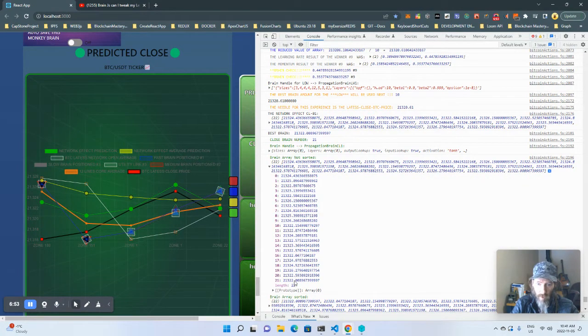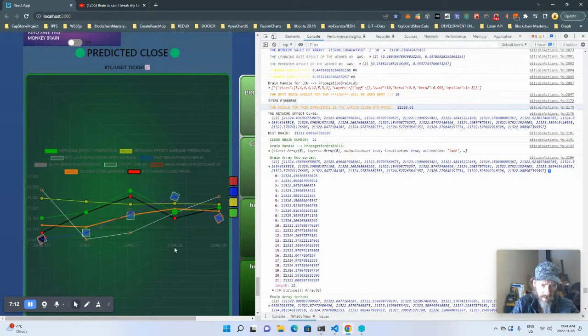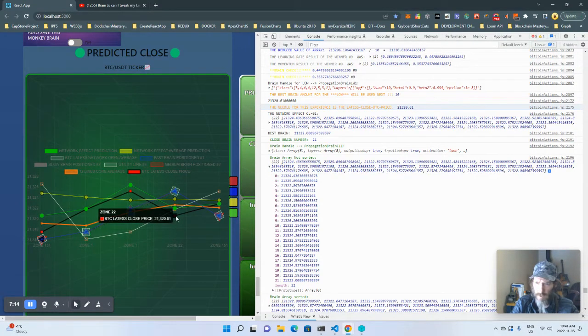So brain 21, 21,322, 21,320. That's the closest, in all of this. See, this is the closest one to the needle, the latest price, which was probably this one, 320.61. Yeah.